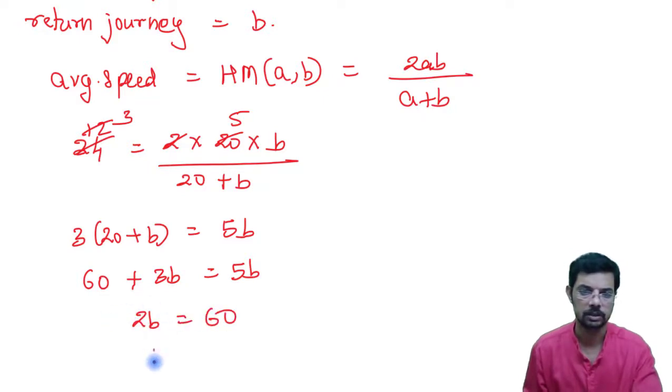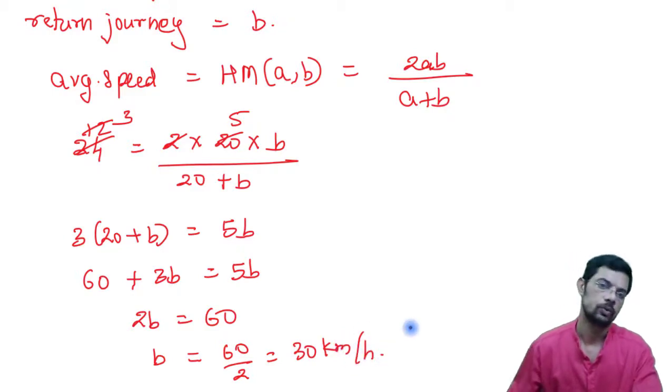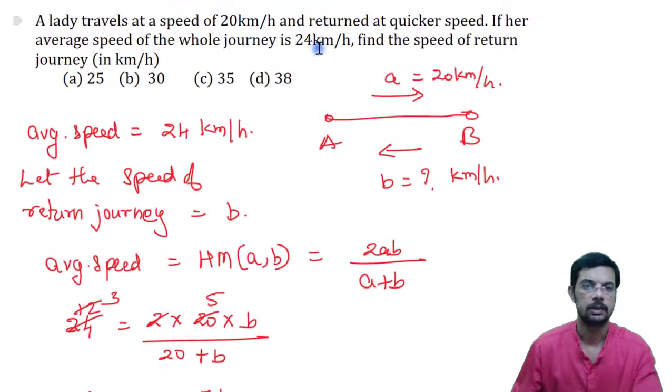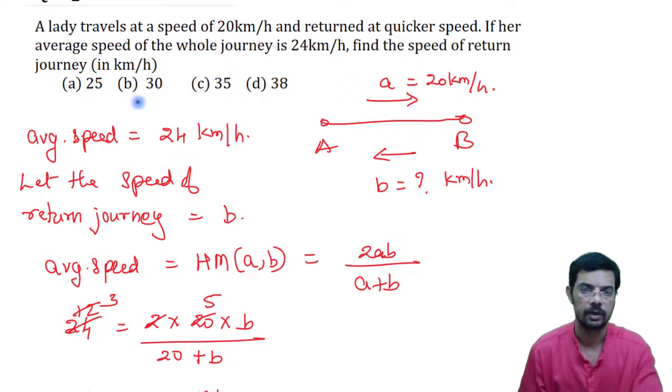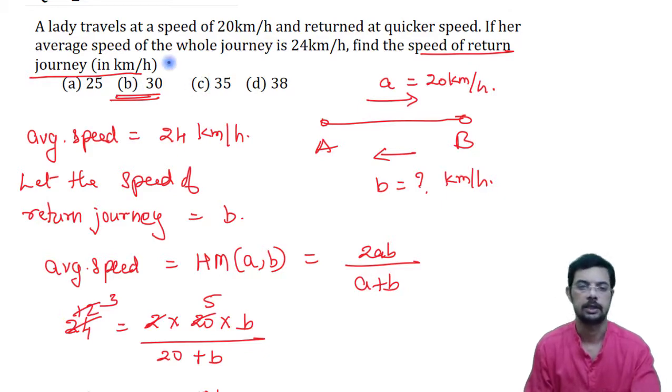Okay. 2B equal to 60 means B is equal to 60 by 2, which is equal to 30 kilometers per hour. So let us look at the options. 30 kilometers per hour. Yes, we have the speed of the return journey, that is B, is equal to 30 kilometers per hour. Option B is your correct answer.